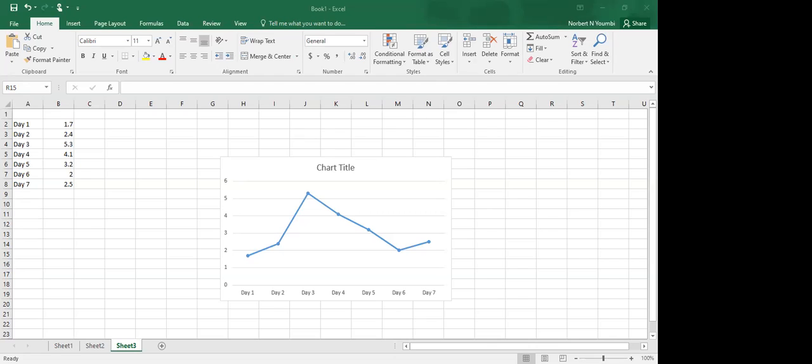So, almost done. Take-home problem 3. In take-home problem 3, we have this data that we will enter on Excel again.